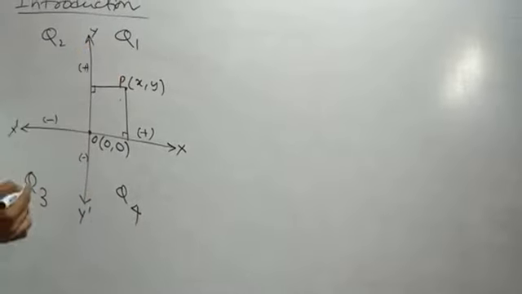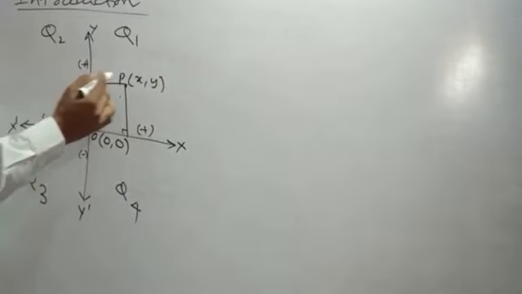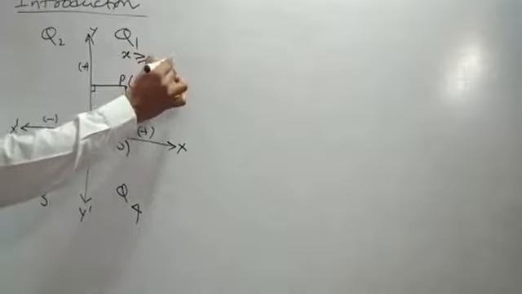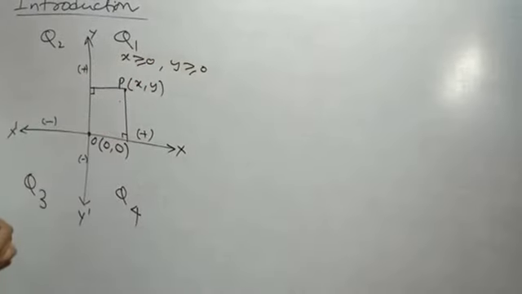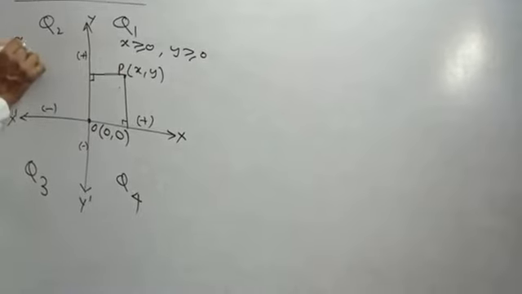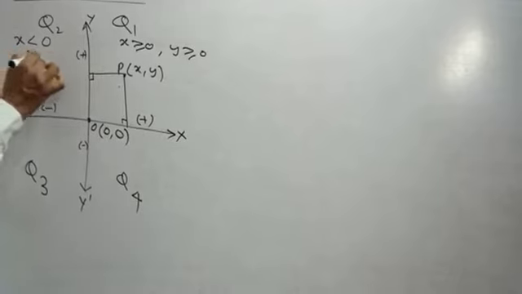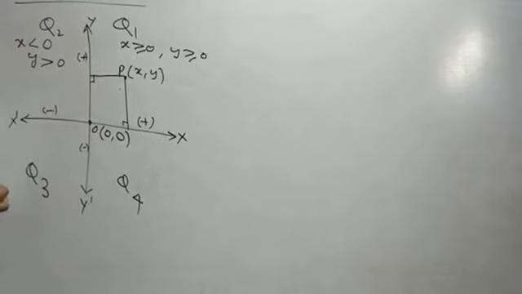In the first quadrant, both x and y are positive, so x greater than or equal to 0, y greater than or equal to 0. In the second quadrant, x is negative and y is positive.